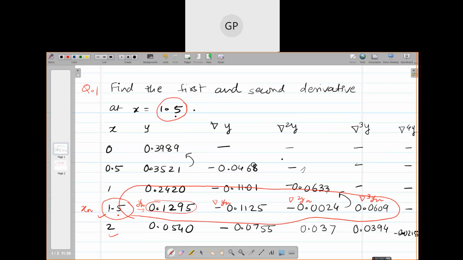For the value 2, you have del raised to 4 yn. But we are talking specially about 1.5. So up to which order are you getting backward differences for 1.5? Del cube y.